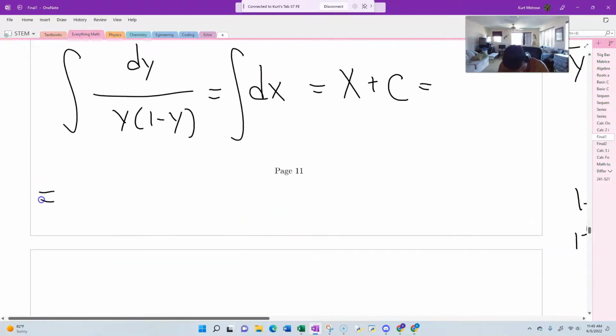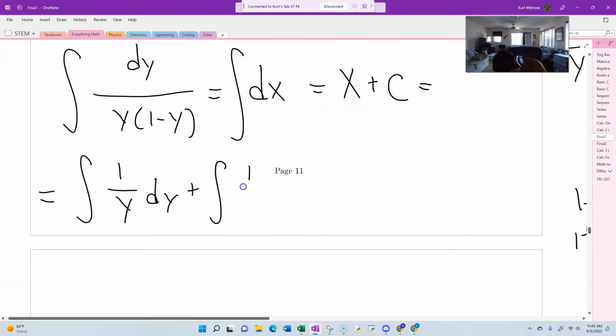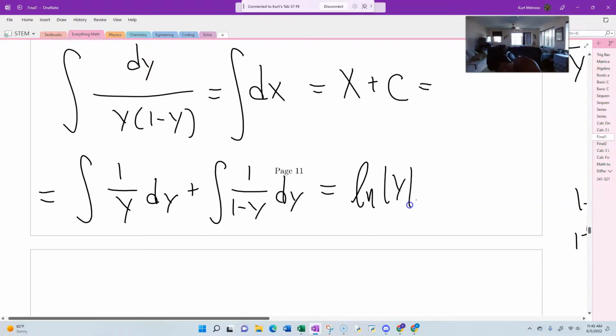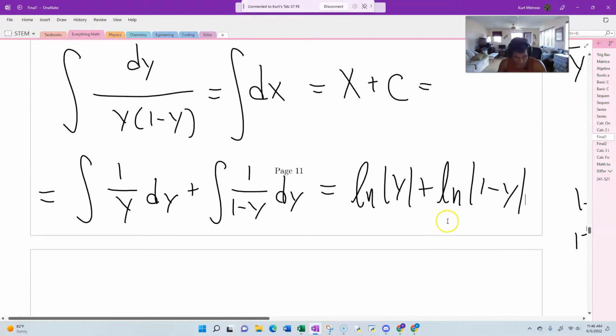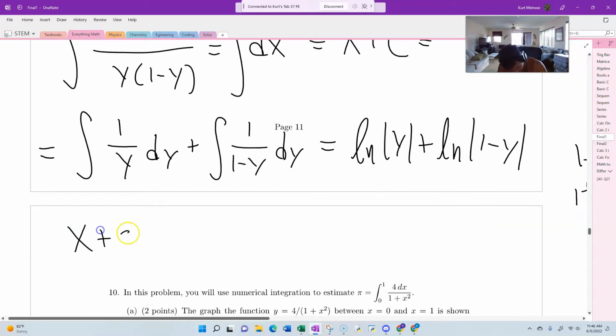Now let's go back here. Now we can rewrite this integral. We have two integrals, 1 over y dy plus 1 over 1 minus y dy, which is equal to ln of y plus ln of 1 minus y. Just leave it like that, and you get x plus c.